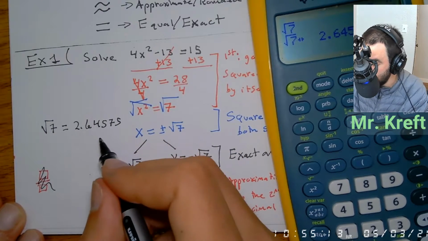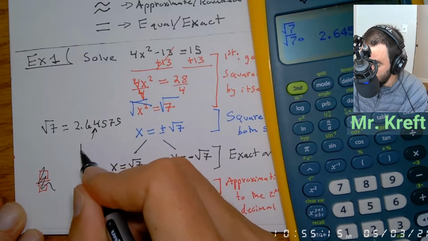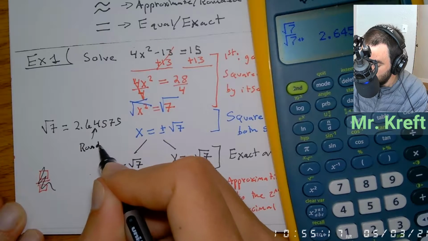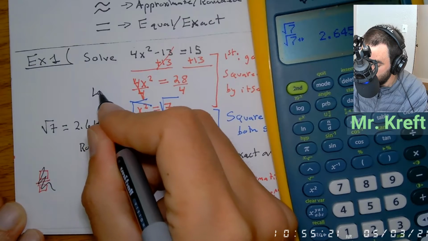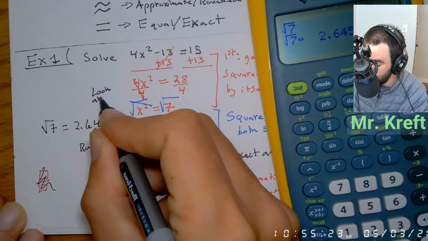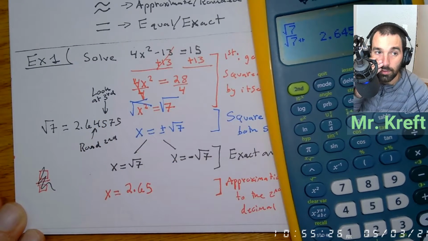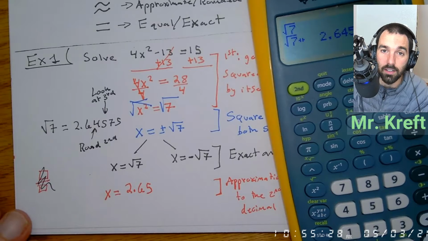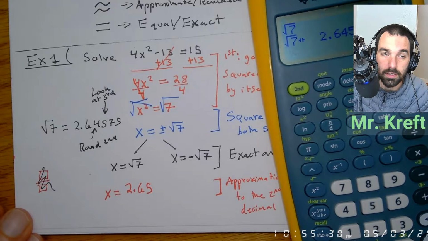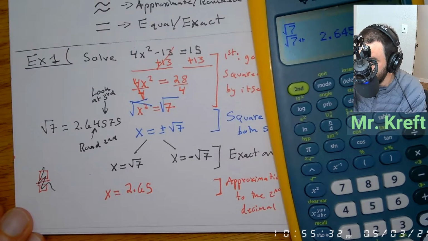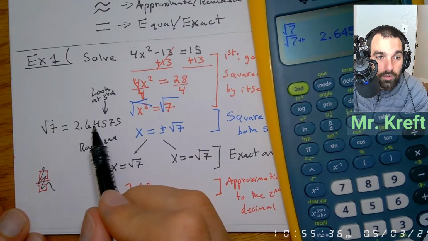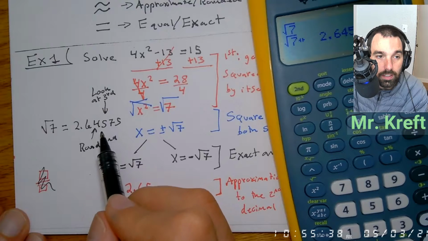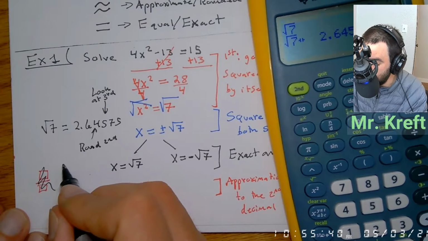So to round, you look at the third decimal. If the third is 5 or higher, then that's what we're doing. We're rounding to the second decimal, and we're looking at the third. So 5 or higher, we round up.